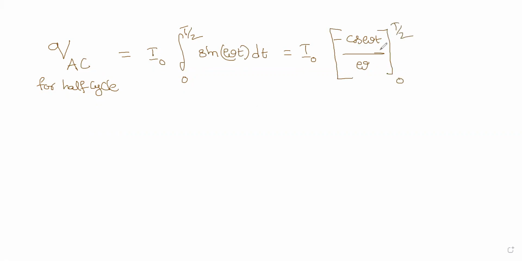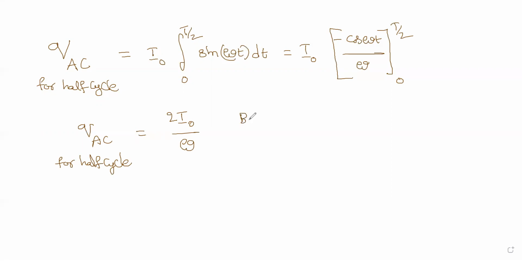When you integrate and substitute the limits, the substitution of limits is not that important, but I'm doing it for the sake of derivation. QAC for half cycle, when you work it out, is 2 I naught by omega. So 2 I naught by omega is what you are going to get.